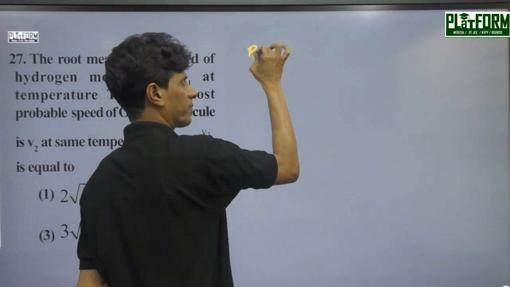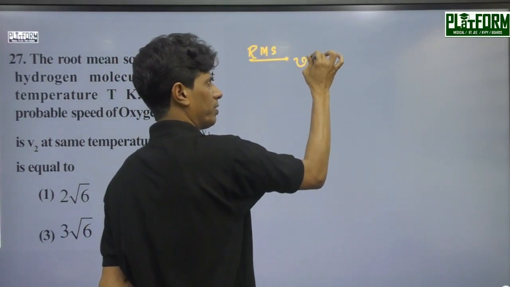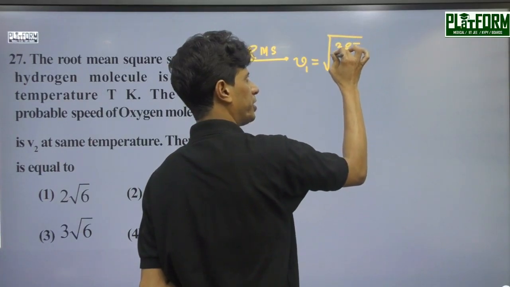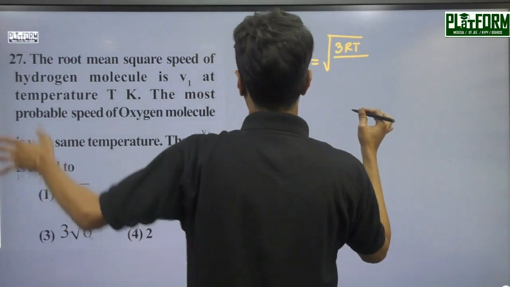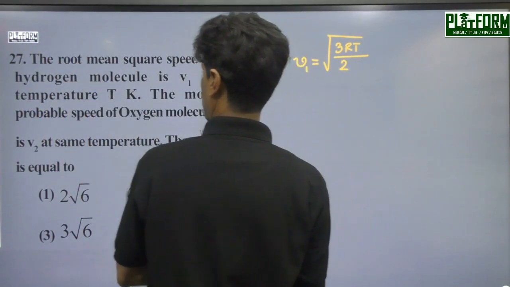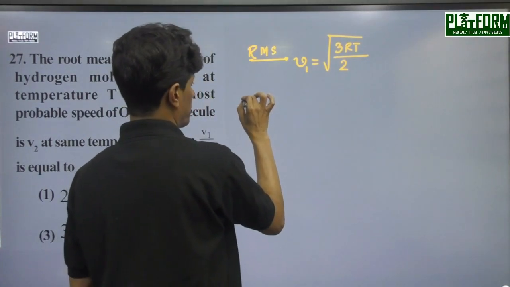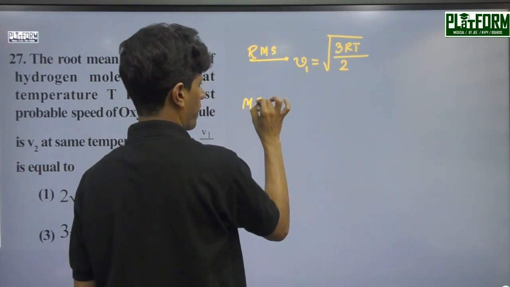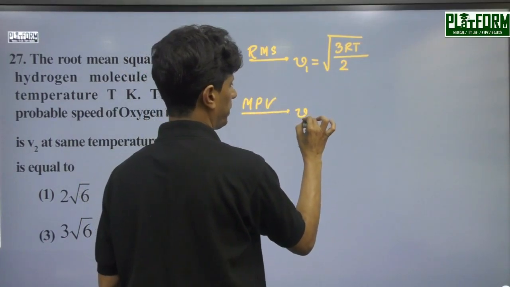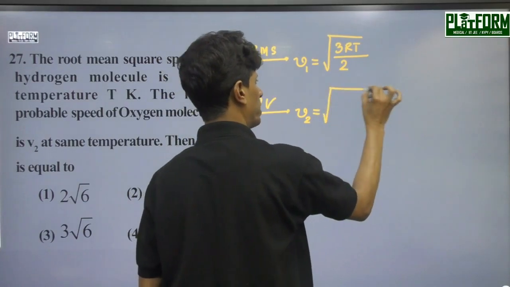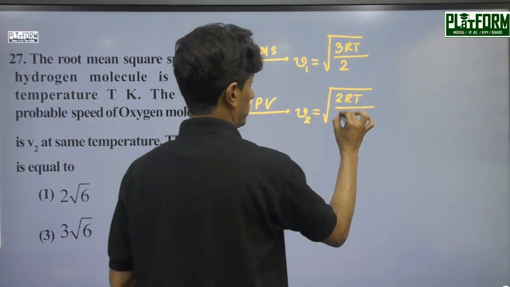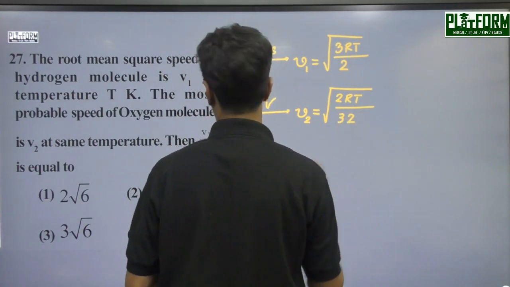RMS, given in the problem, V1 is equal to root over 3RT by, it is hydrogen, so we can write 2, and the most probable speed, most probable velocity given as V2, is root over 2RT by 32.